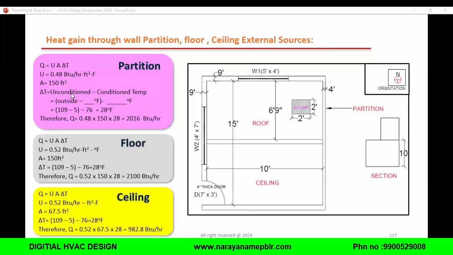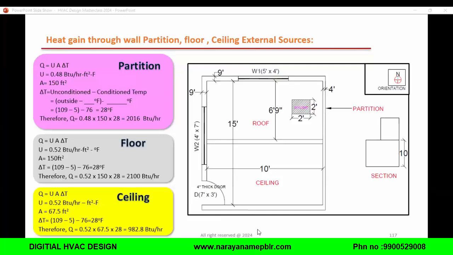Unconditioned means, for example, you are not using any AC there, we don't want to use it, it is just outside, so we don't know the temperature. For example, if one cafeteria or kitchen is there, then you have to consider the temperature higher.